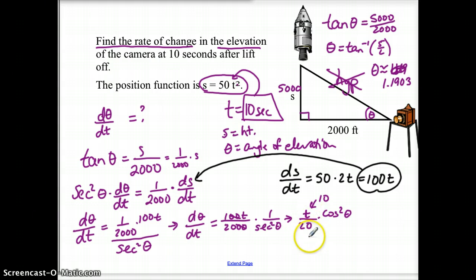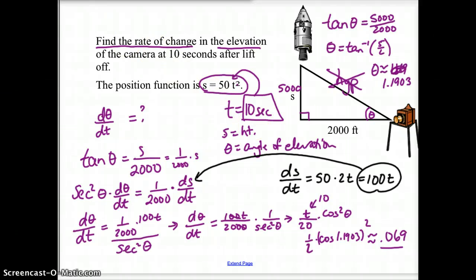So we have 10 over 20, so it's 1/2, times cosine of 3, and then that's going to be squared. So it's about 0.069. Always leave your answer in terms of 3 decimal places.